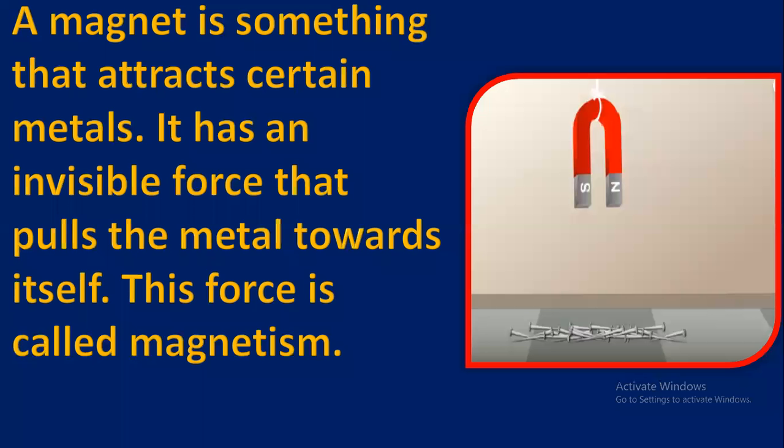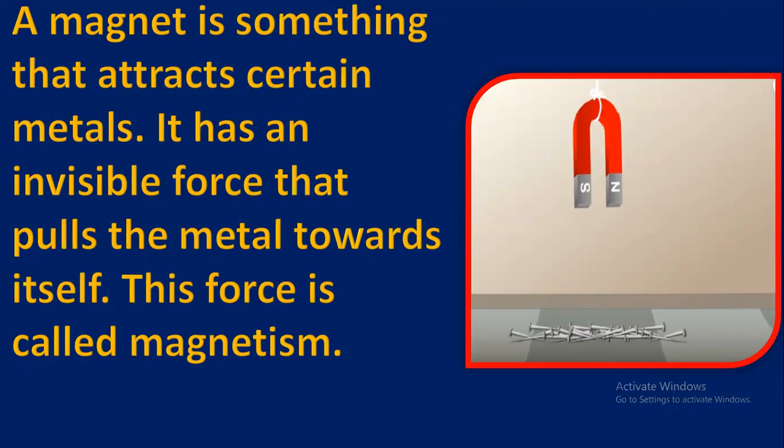A magnet is something that attracts certain metals. It has an invisible force that pulls the metal towards itself. This force is called magnetism. That means the magnet has an attraction towards certain metals.